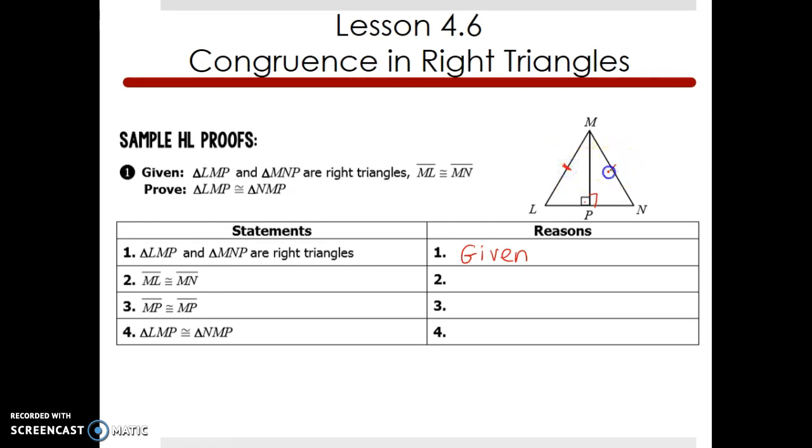So this side is congruent to that side, and that's also given to us. The next line tells me MP is congruent to MP. So this side is congruent to itself. When something is congruent to itself, it's the reflexive property.